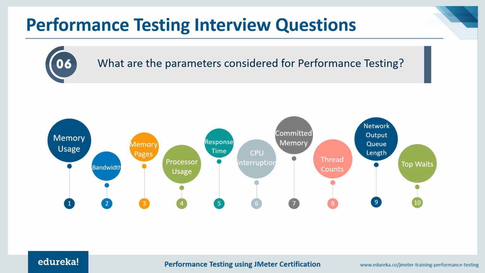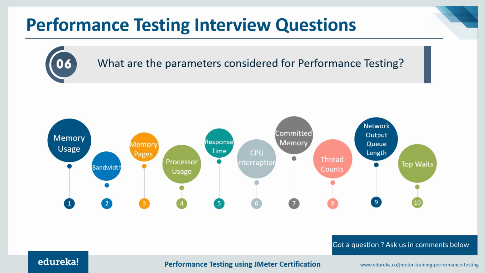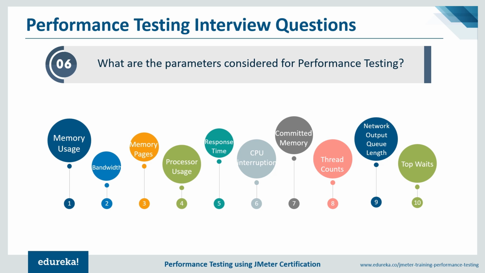Then we have memory pages, processor usage, response time, CPU interruption, committed memory, thread counts, network output queue length, and the top waits. There are certain more parameters that are to be considered, but these are some of the main parameters that must be taken care of before the performance testing takes place.